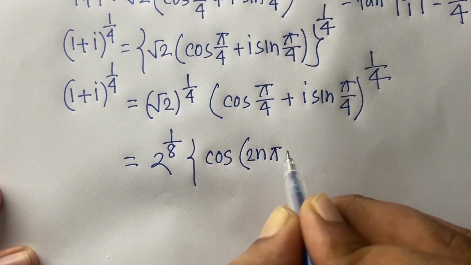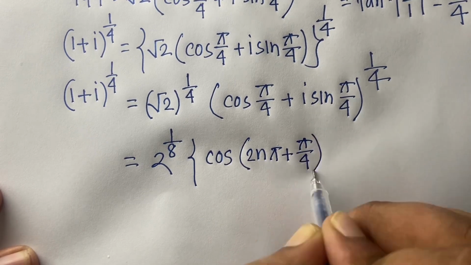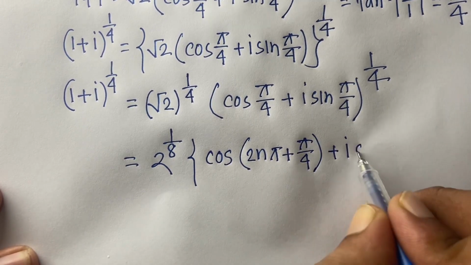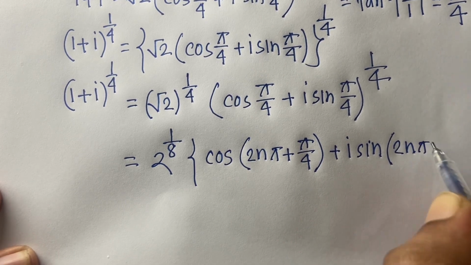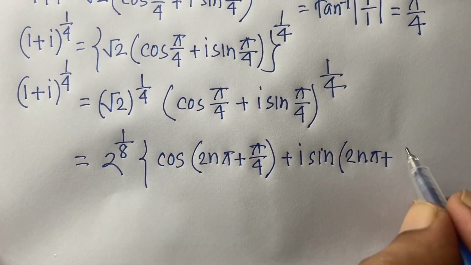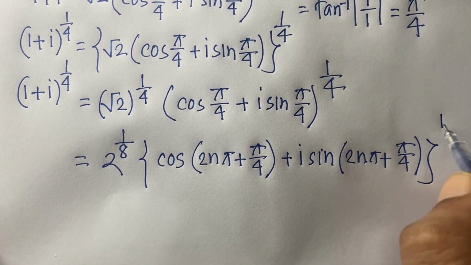And this equation becomes cos(2n pi plus pi over 4) plus i sin(2n pi plus pi over 4), whole to the power 1 over 4.